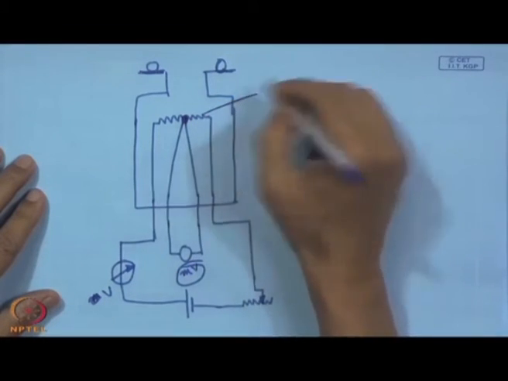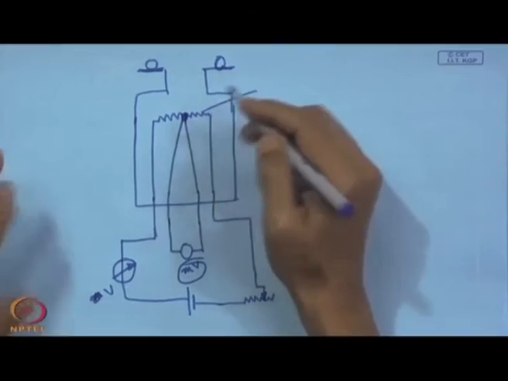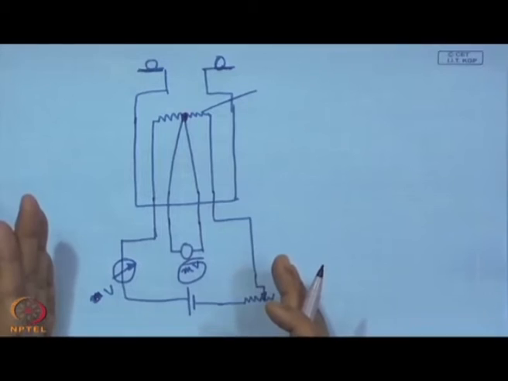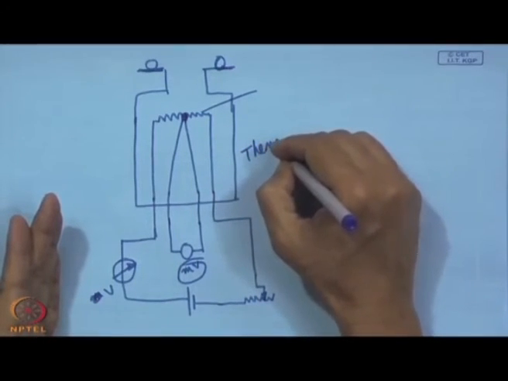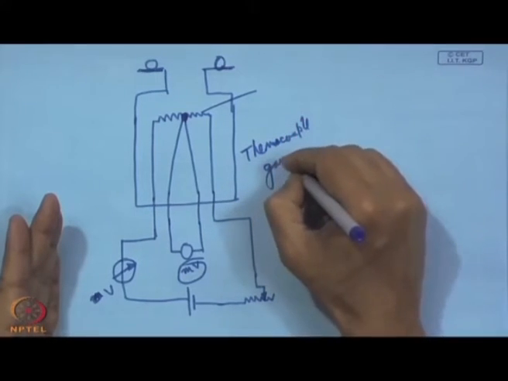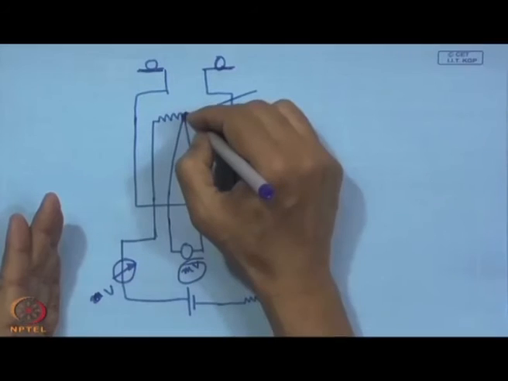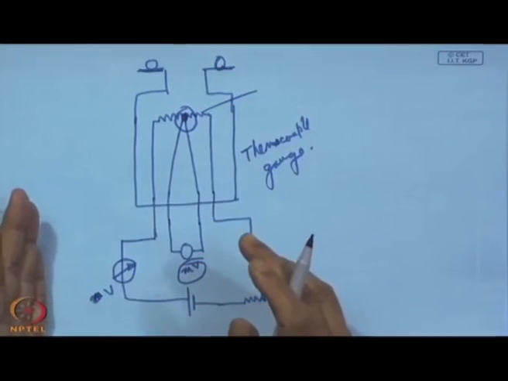So, basically it is a heating coil which will be heated, and we give here a fixed power. So, this is the thermocouple gauge, and here we have a millivolt meter to record the thermo EMF.